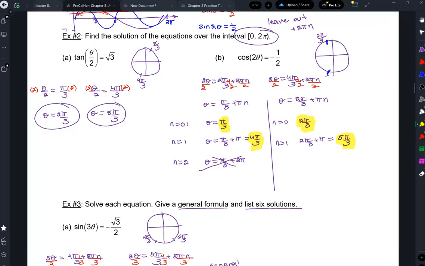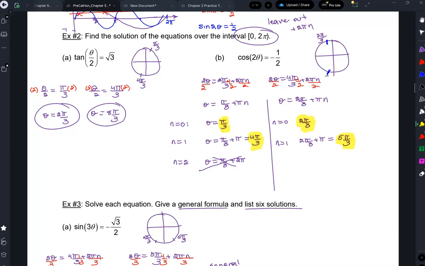Okay, so those change when, for example, sine of theta is 1 or negative 1, because then you have a different number anyway. You know what I mean? So let's just say it this way. If it's theta over 2, you will have less. If it's like 2 theta, 3 theta, 4 theta, you will have more.